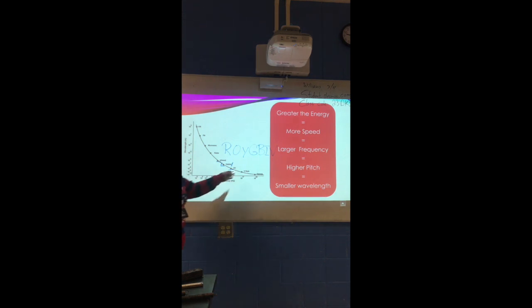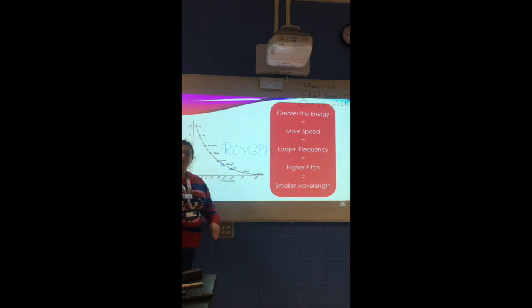And then we have X-rays that are all the way right here. When you're at the dentist office and they're taking an X-ray of your teeth, they put that little lead thing on you to make sure that it's not going to fry your insides when they take photos. So make sure that you know that this one has a very, very short wavelength and a lot more energy.